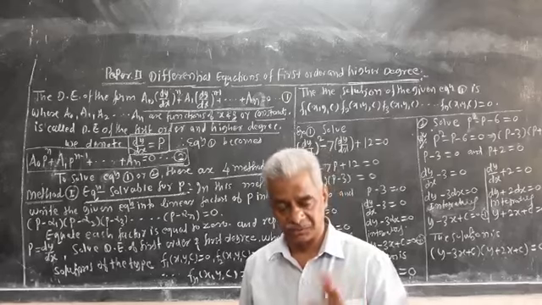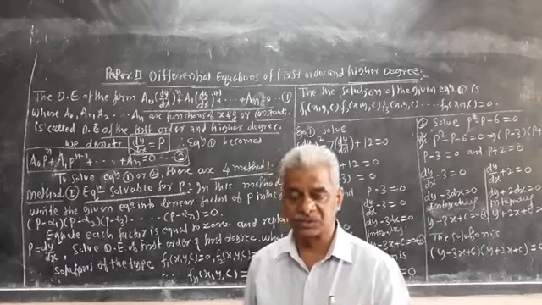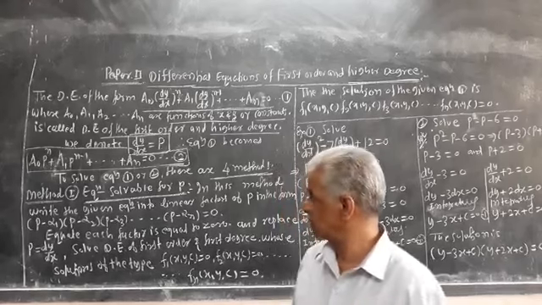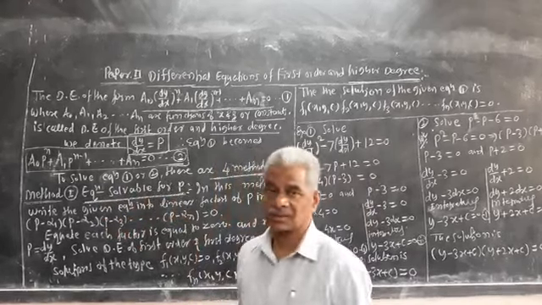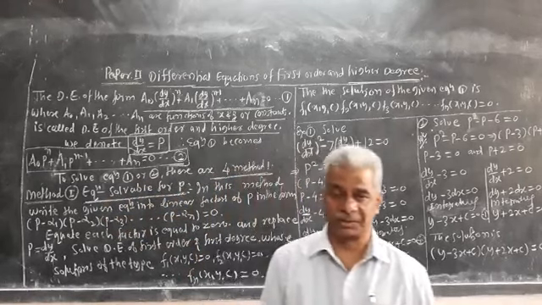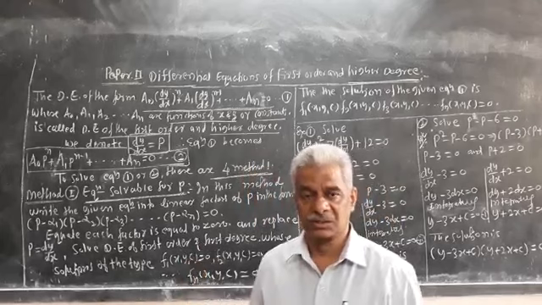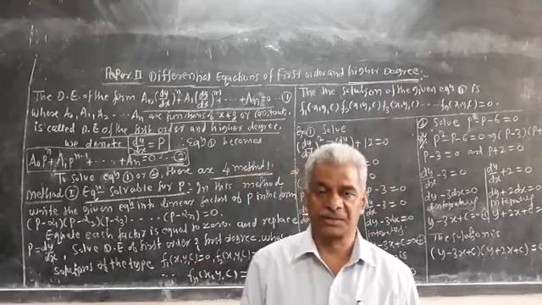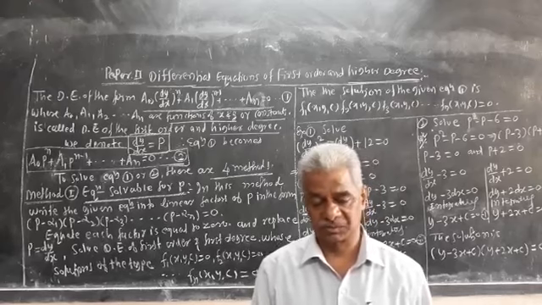These are the four methods. Firstly we shall discuss the first method, equations solvable for p, and how by using this method we can find the solution of a given differential equation.